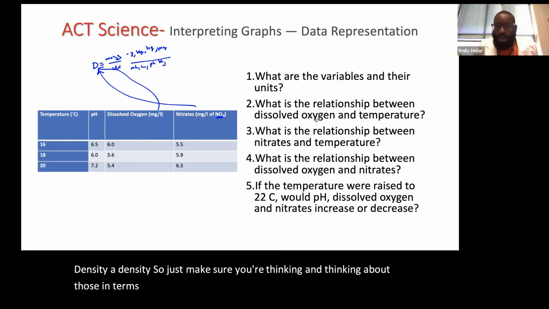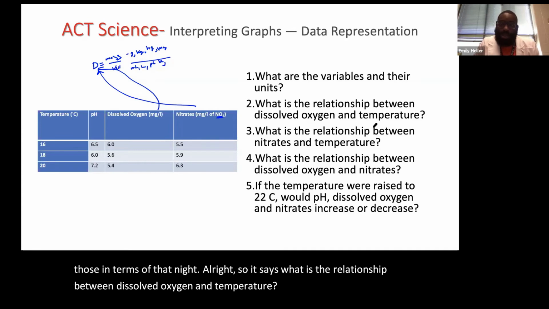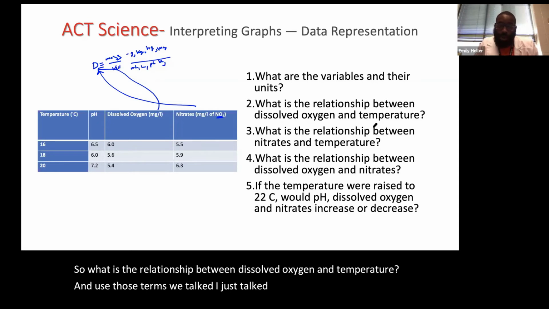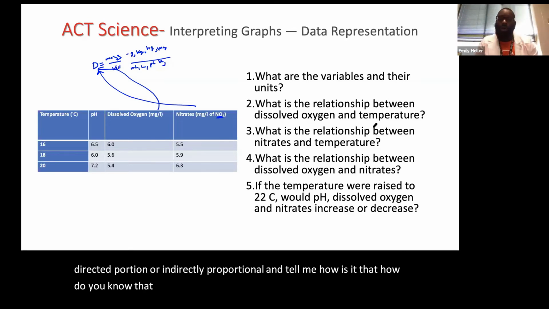All right. So it says, what is the relationship between dissolved oxygen and temperature? Use those terms I just talked about, whether they're direct proportional or indirect proportional, and tell me, how do you know that they're indirect proportional or directly proportional?